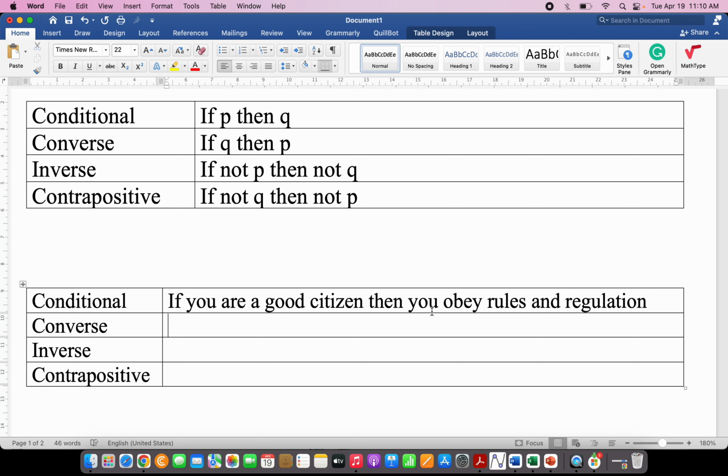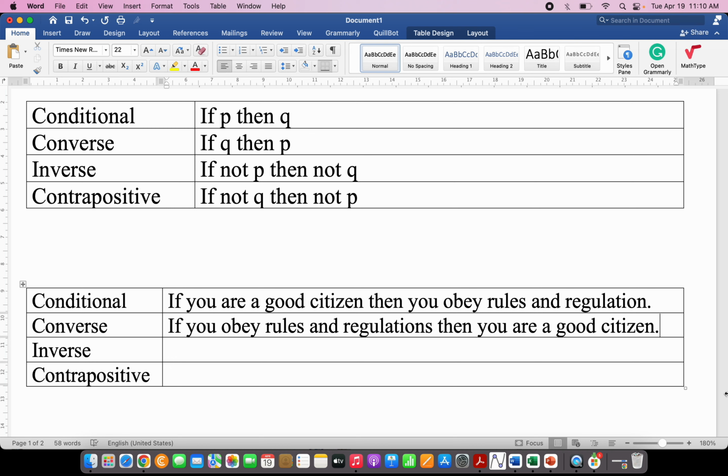That means, if you obey rules and regulations, then you are a good citizen. Are you following? Nasusundan?